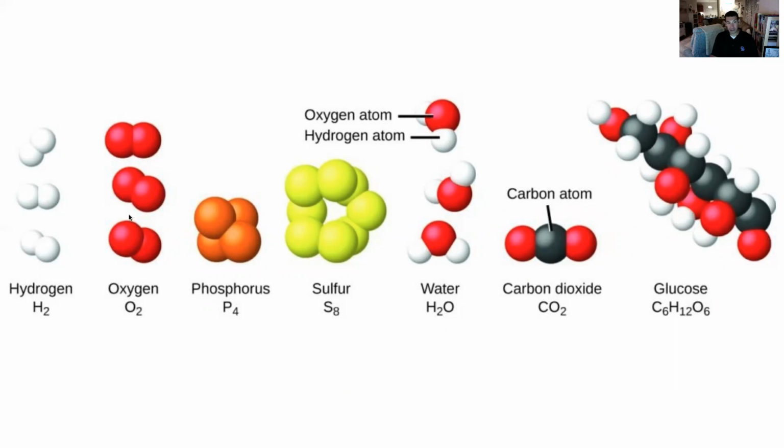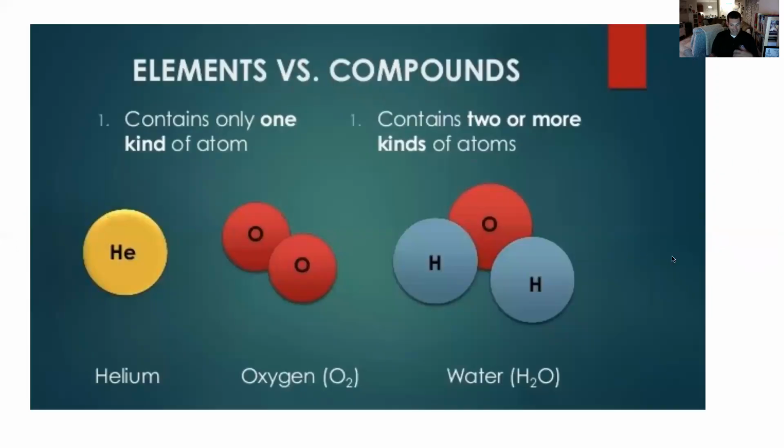So these are pure elements. Even though there's multiple atoms in the molecule, we're going to consider them pure because it's only one type of element, hydrogen, oxygen, phosphorus, or sulfur. When we start having two or more types of elements, now we're getting compounds, water, carbon dioxide, glucose. All right, so this is another way we can make sense of, and we can split matter into two camps.